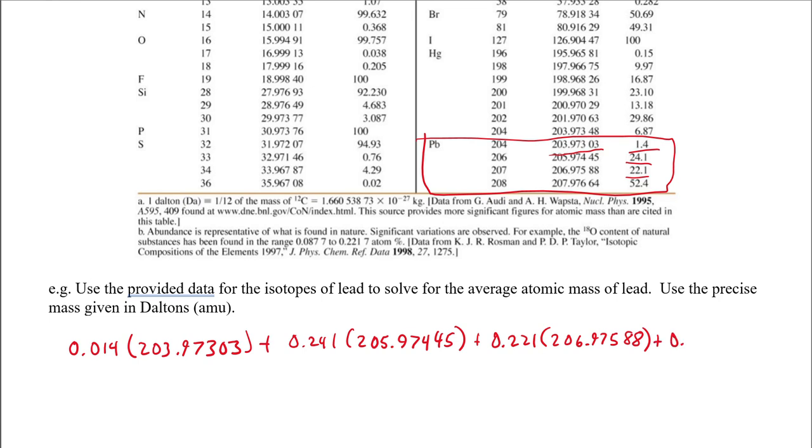So the 0.524 being the mole fraction for this last, the 208 isotope, its actual mass being 207.97664. And I'm going to plug those into the calculator and get my answer.